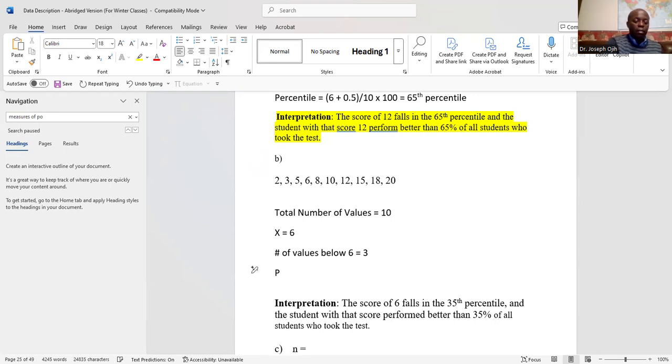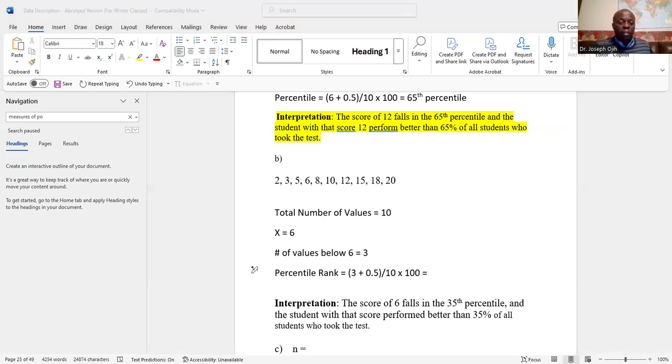So we can now plug this in to find the percentile rank. The percentile rank of the score of 6 becomes 3 plus 0.5 divided by total number of values of 10 times 100. That will tell you the percentile rank of 6. Taking you to the calculator, 3 plus 0.5, we have it already on the calculator, I'm just going to change it to 3.